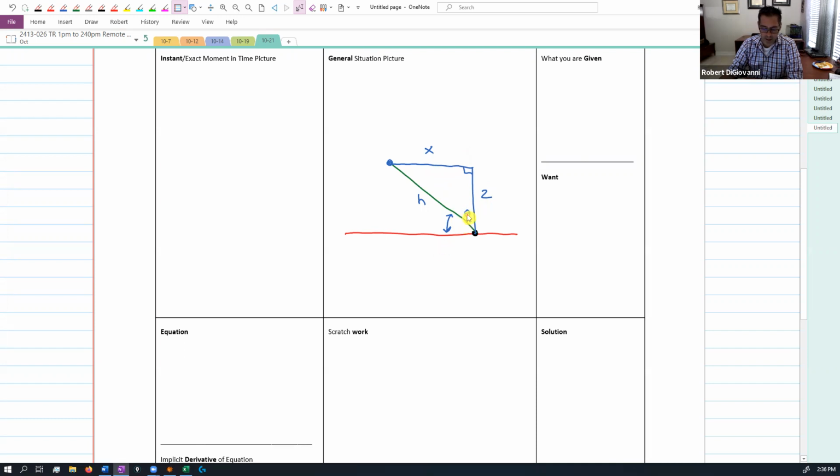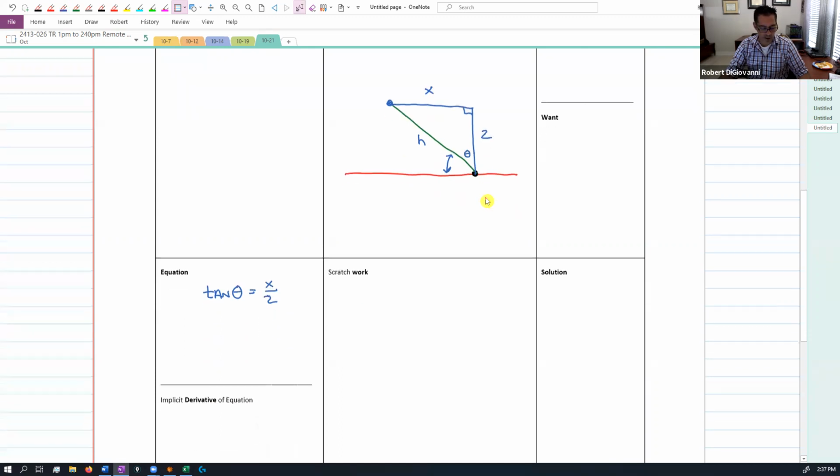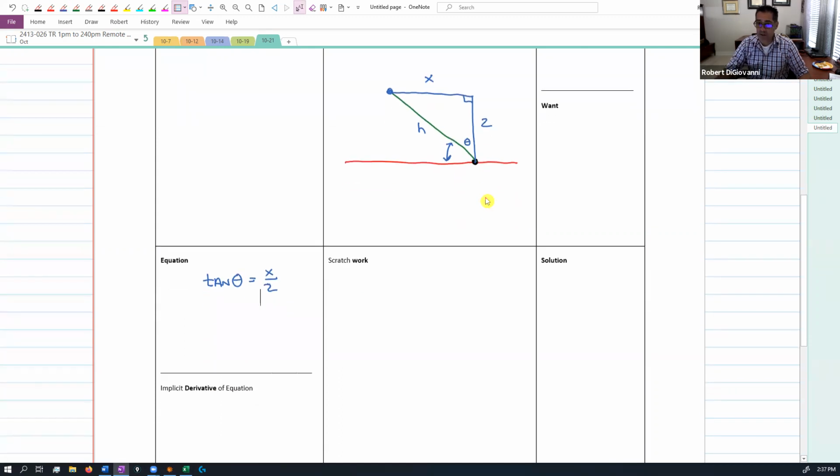You need to connect theta and x. So here's theta, you need the x and then use the 2, which would be what trig function? It'd still be tangent. Tangent theta is x over 2, right? Tangent is opposite over adjacent. I'm almost out of time, so I'm going to crank through this really fast.